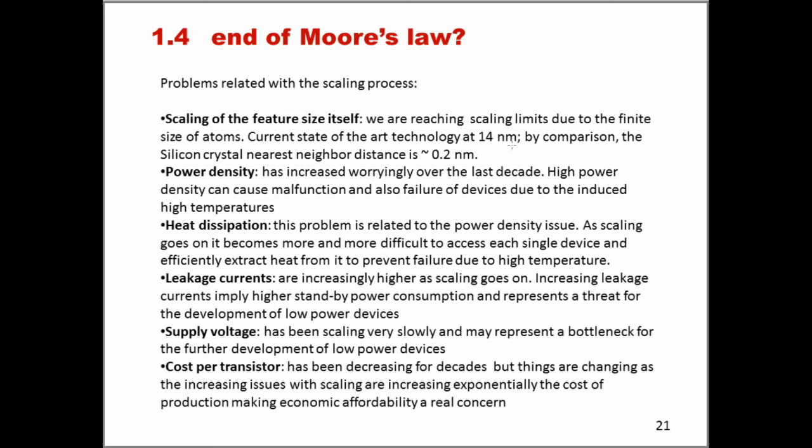The current state of the art is now 14 nanometer, and we should remember that in a silicon crystal, the nearest neighbor distance is around 0.2 nanometer. So this means that in the channel of a transistor made at this technology node of 14 nanometer, there are actually 14 divided by 0.2 atoms, which is 70 atoms, which is quite a small number, obviously.